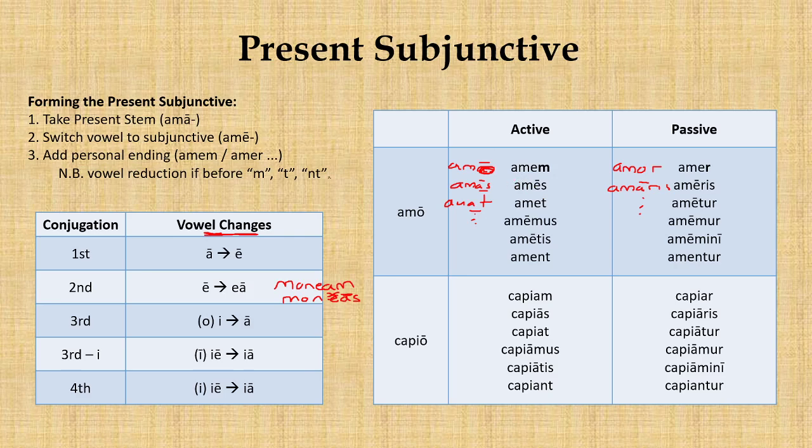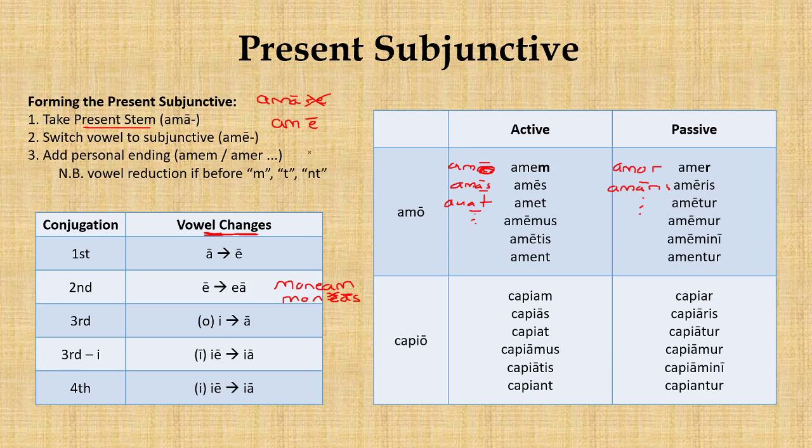So the basic steps for getting this then is the present stem. We take our stem, which is just our infinitive with the ending chopped off. And then essentially what happens is the vowel just changes. So it changes from long A to long E, depending on which conjugation you're in.